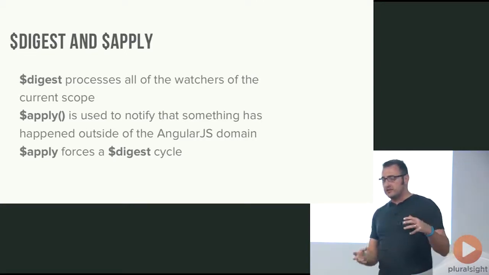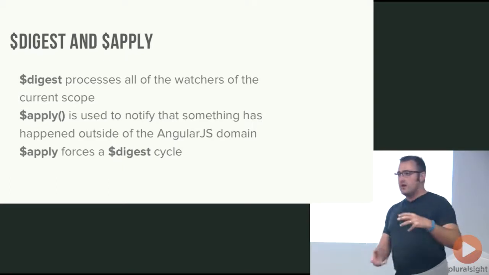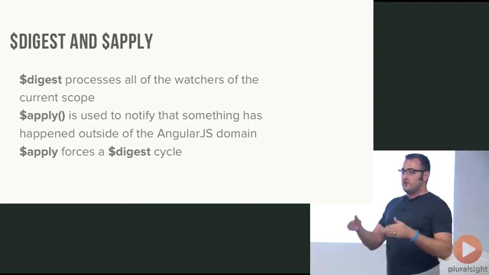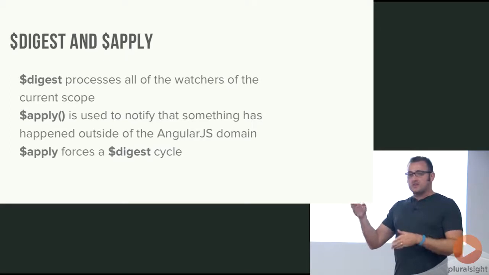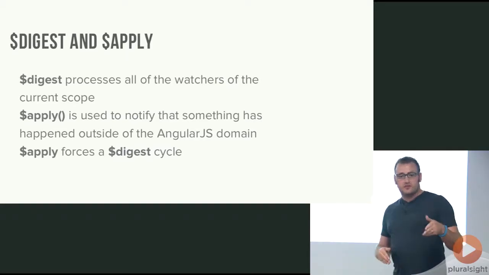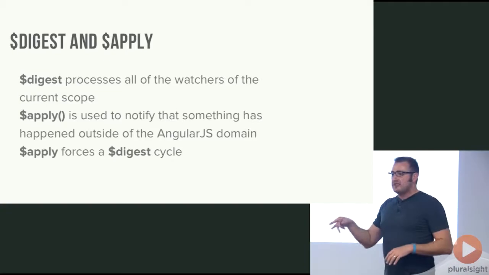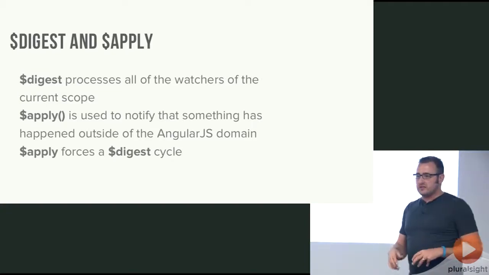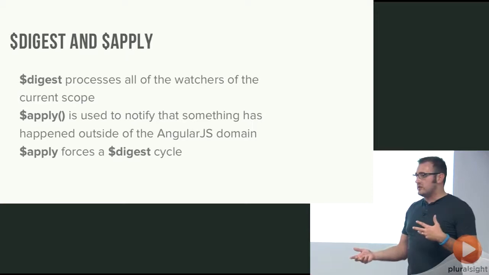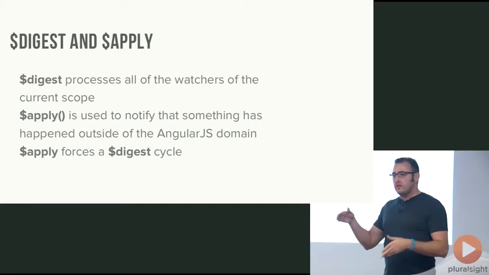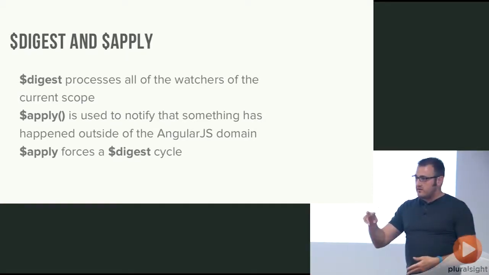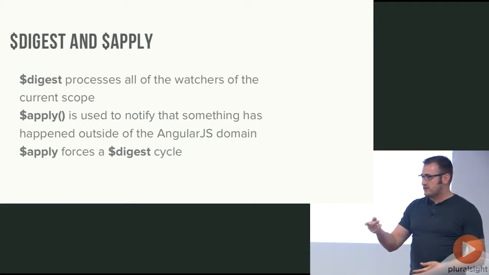It's very content or model aware of what exists on scope. And it will go through and compare, has this value changed from the previous value? If not, then it just ignores it. But if it has, it kicks off basically an event watcher, which is a function to happen when those two values are not the same.